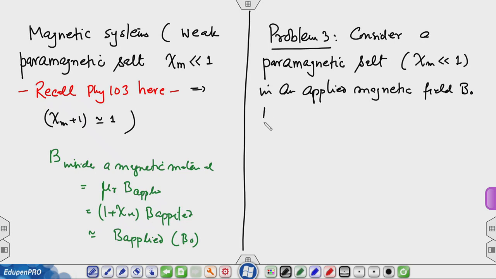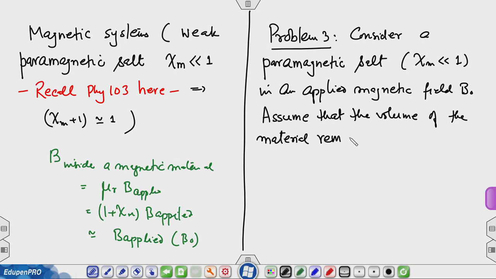Assume that the volume of the material remains unchanged when the field is applied.